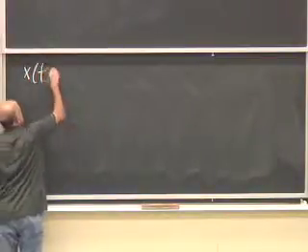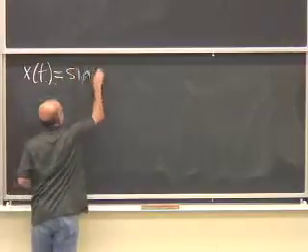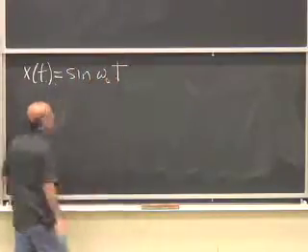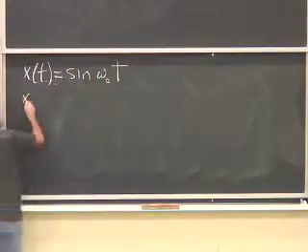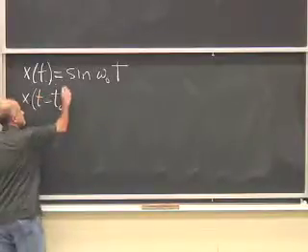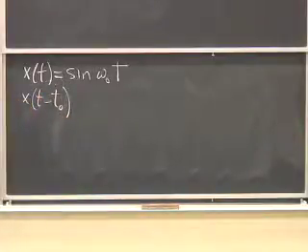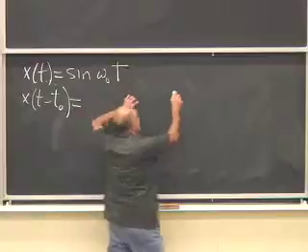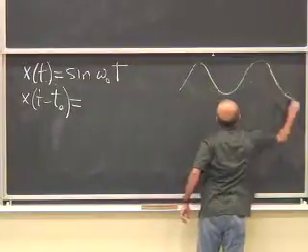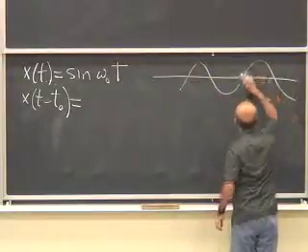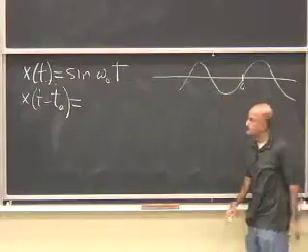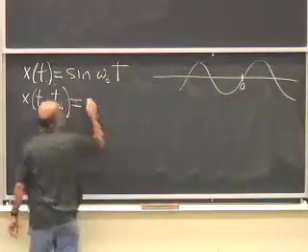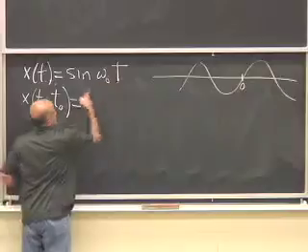I'm still booting today. If x of t is sine omega naught t, that's my original signal, how much do I shift it? So ignore this sentence here. How much do I shift this sine wave that crosses 0 here so that I get the phase version? What is the shifted version?